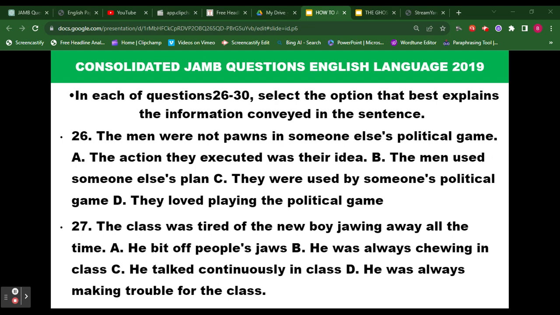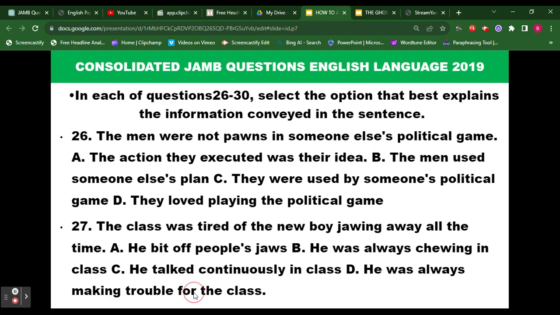Now look at, in each of questions 26 to 30, select the option that best explains the information conveyed in the sentence. So we are going to look at this one by one. Question 26, the men were not pawns in someone else's political game, and we have options A to D. Question 27, the class was tired of the new boy joining away all the time.